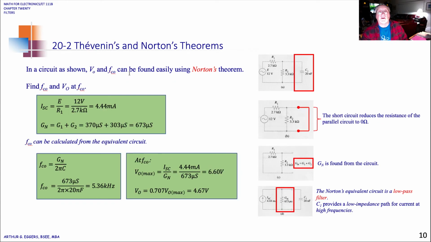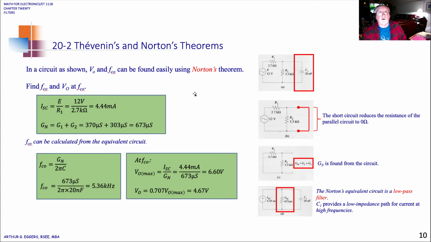So in the circuit shown, we've got a little bit simpler circuit here. The output voltage and the cutoff frequency can be found now using Norton's theorem. In Norton's theorem, you'll notice here that we've got a source, and then down here we've switched to a current source, so voltage to current.